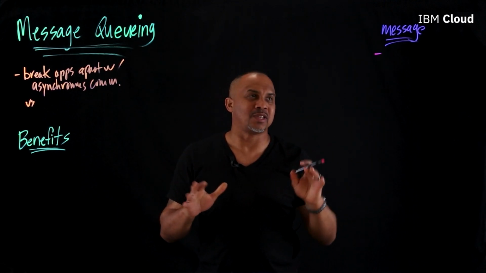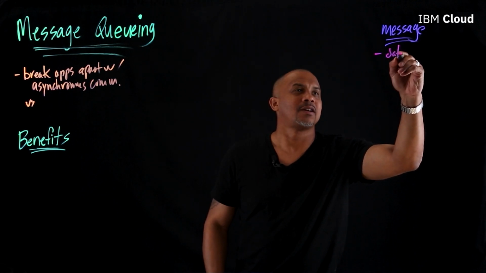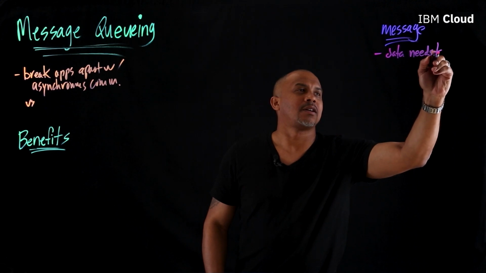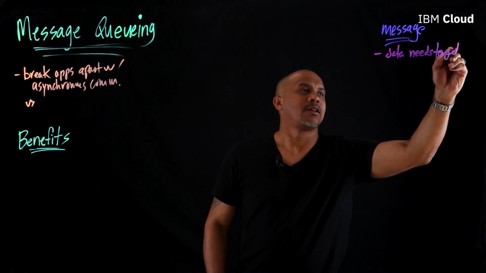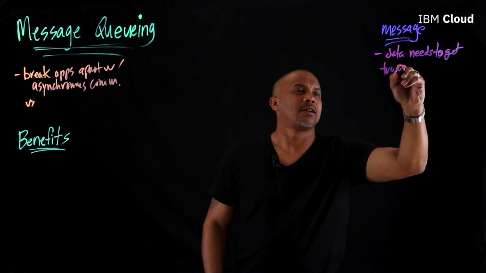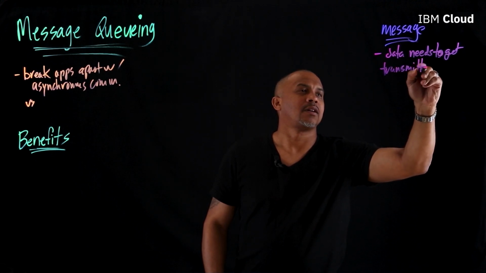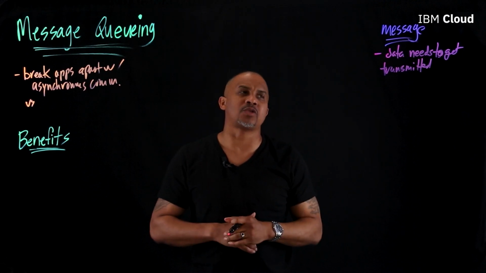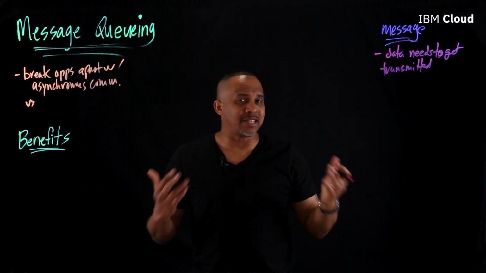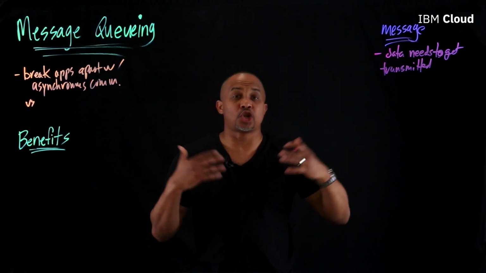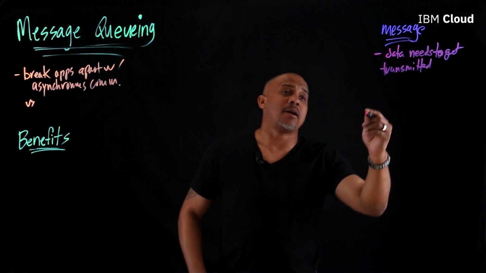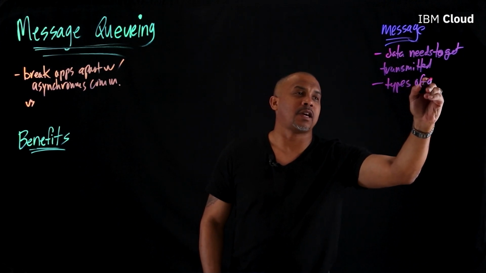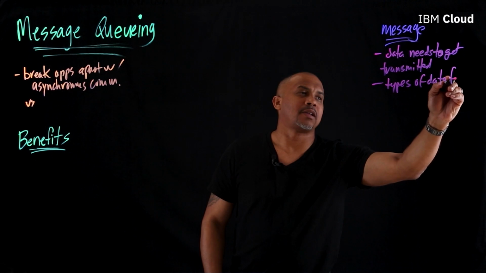So you have data that needs to get transmitted. Now this could be actual data payloads, actual files. It could be metadata that references that something should happen on the other end. So many different data formats can be there.